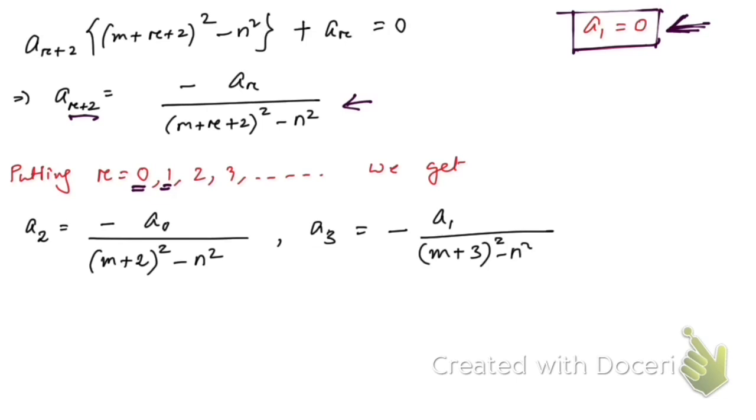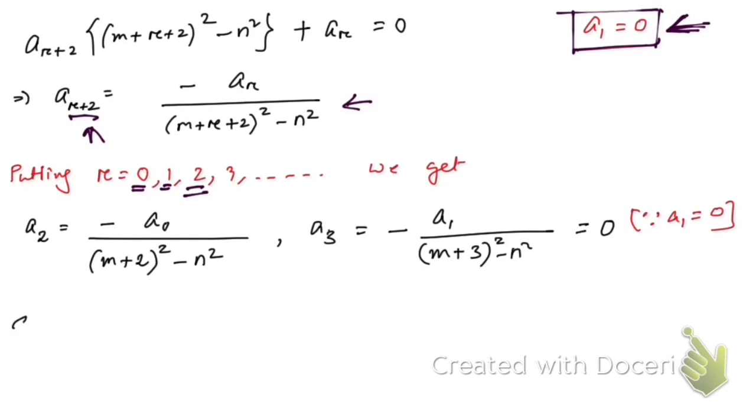On putting a1 equal to 0, we get 0 here. Since a1 is equal to 0, now let's see what we get if we put r equal to 2.